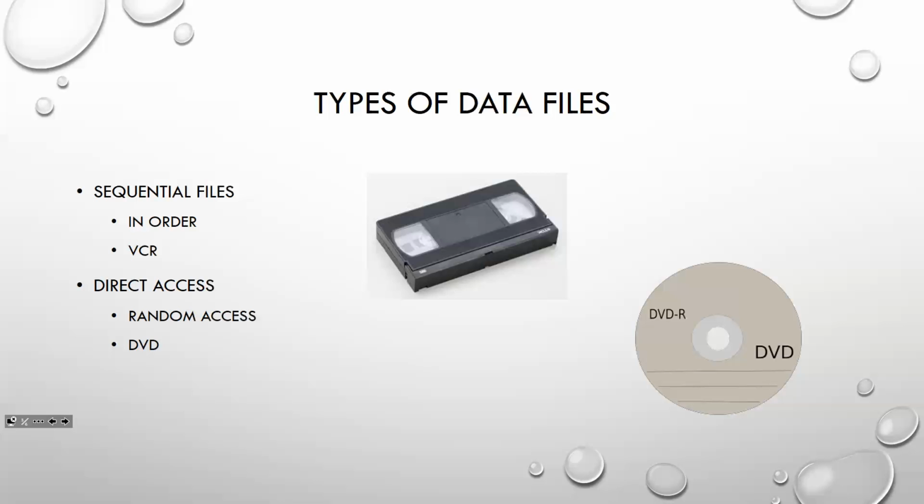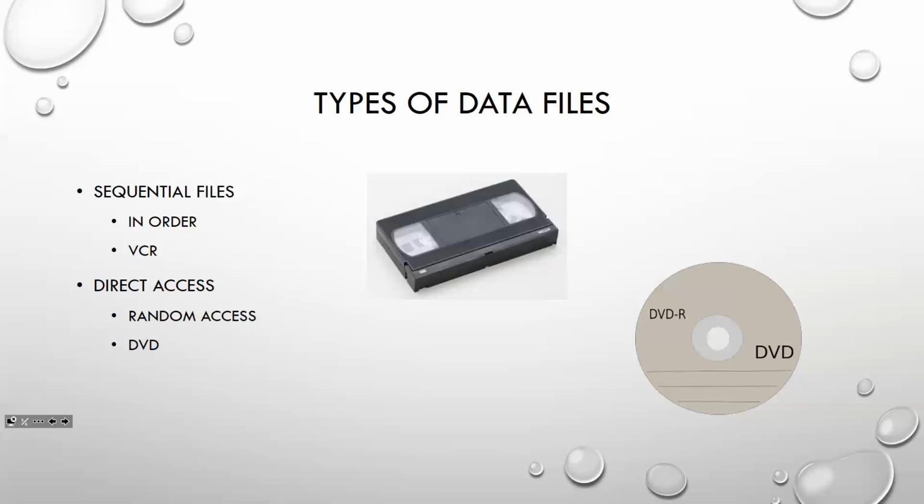When I look at a DVD or a CD or a hard drive or a solid state drive, those kinds of storage mediums are direct access. I can go directly to a specific spot, so they're much more useful for us in programming, right? If I want to see J. Chavez's record in that text file, I could go straight to it on a random access device.